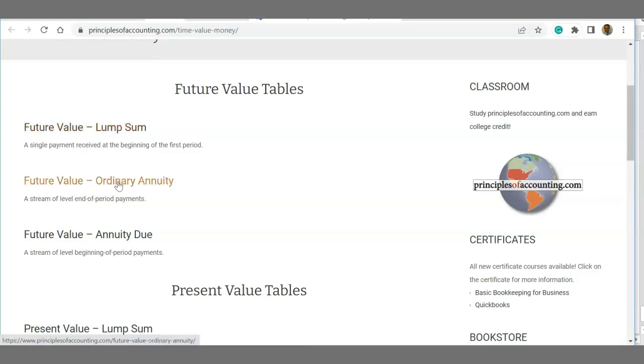You also have the future value of an ordinary annuity. Ordinary annuity means a series of same payments paid at the end of each period.